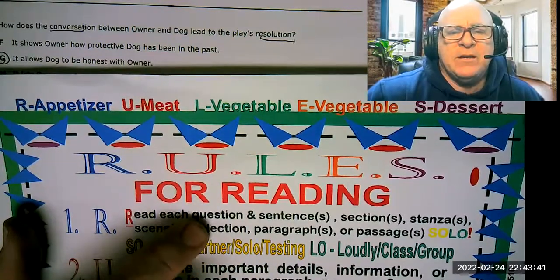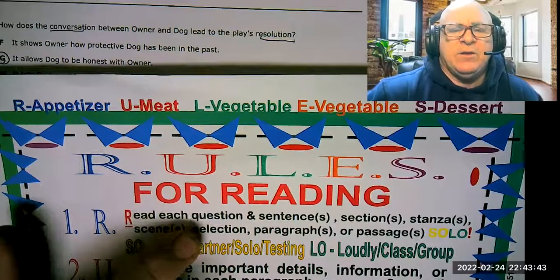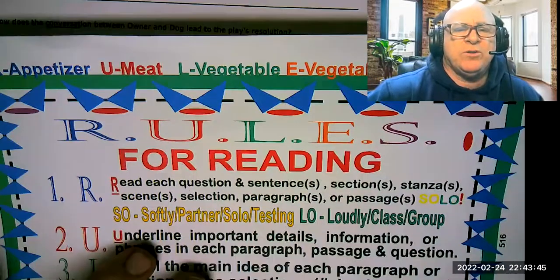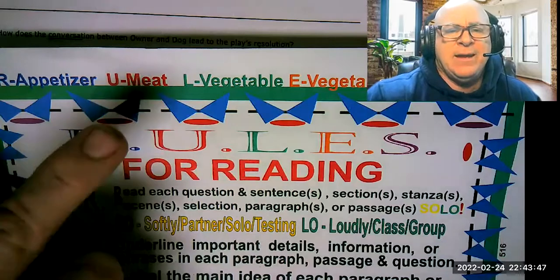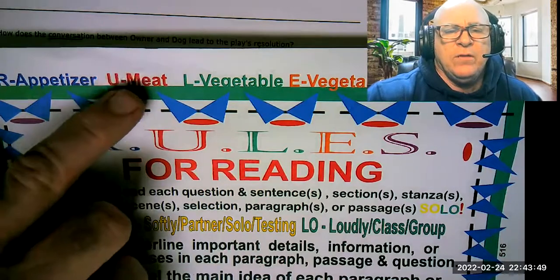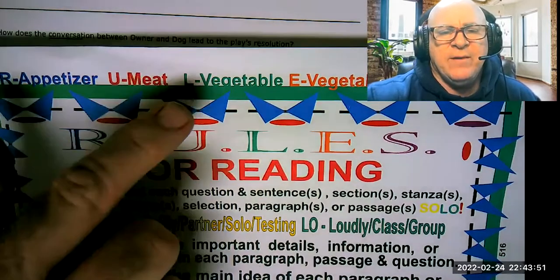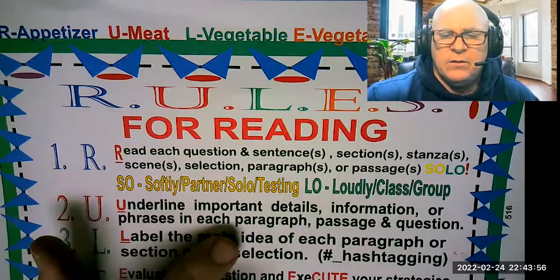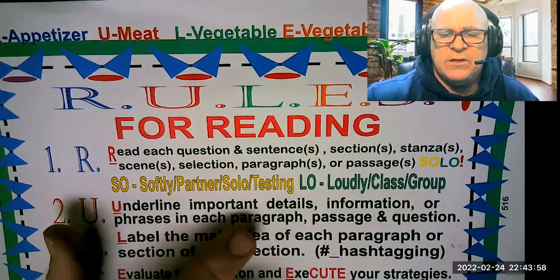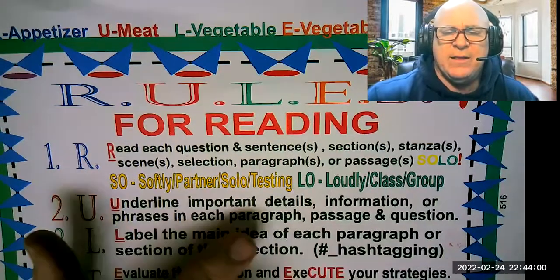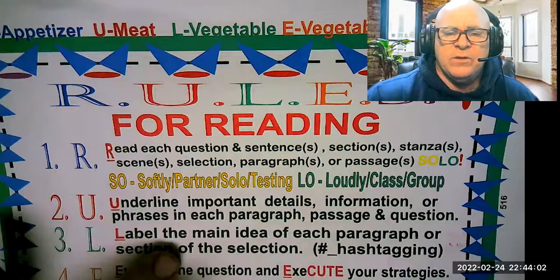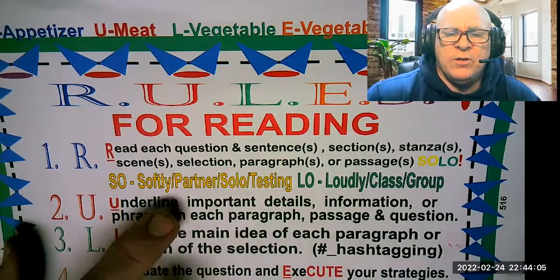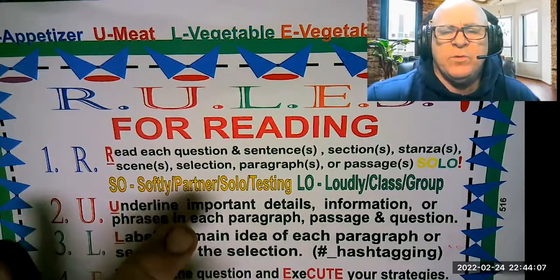It's the appetizer, and making sure that you understand clearly what's being asked. Think of the meat and the vegetable as the underlining of those details in the question, and the labeling, the marking. So what we're going to do is make sure we understand we should underline.